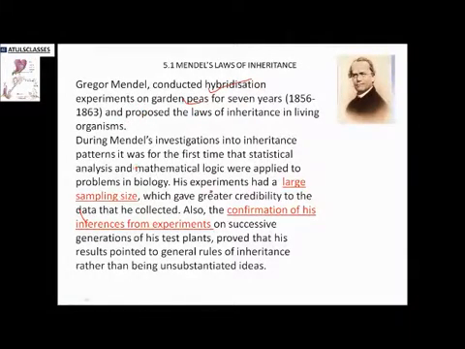He used mathematical logic and problems, collected statistical data and analyzed it to confirm and state his laws. His experiments had a large sampling size and so were of greater credibility.